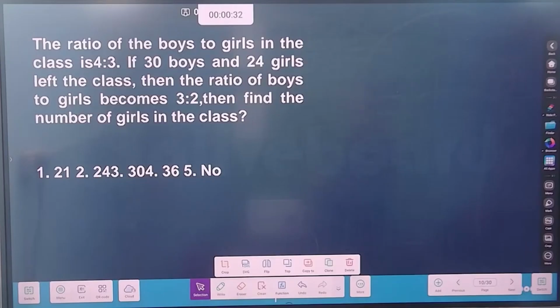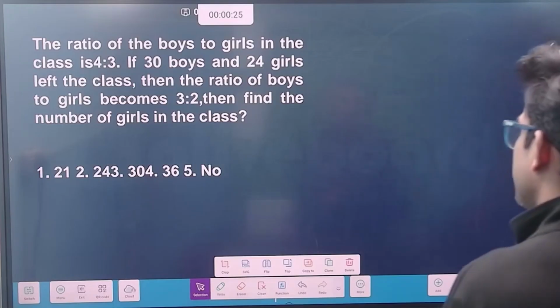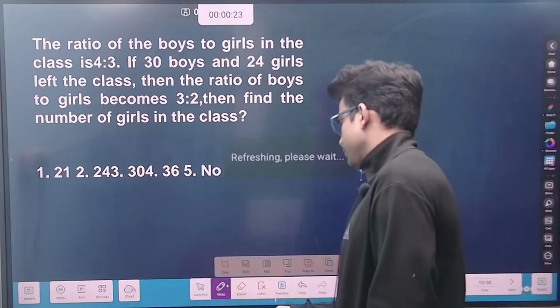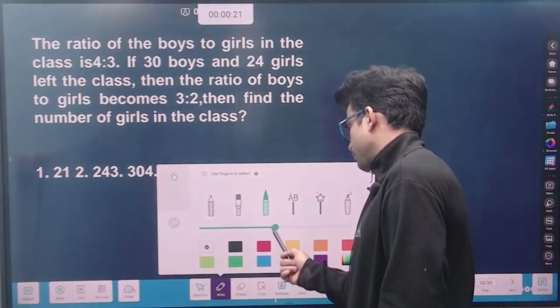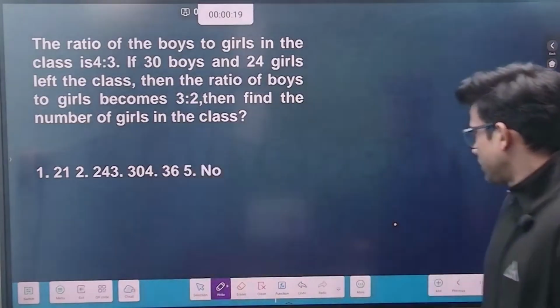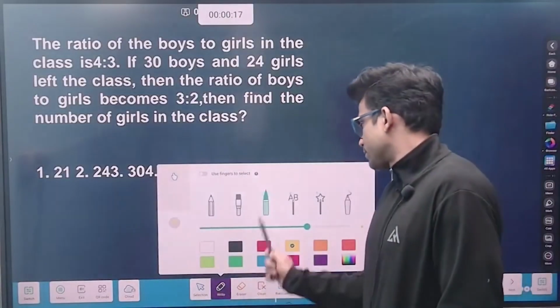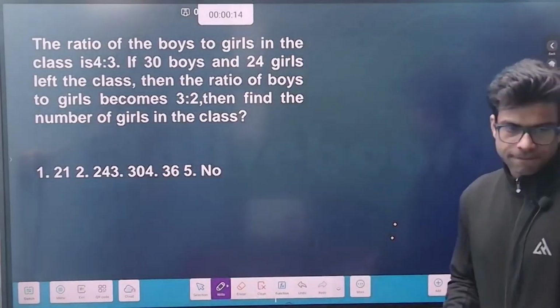You need to figure out the value of a from here also. It's an easy one, guys. Come on. I think at least you guys can solve this question.